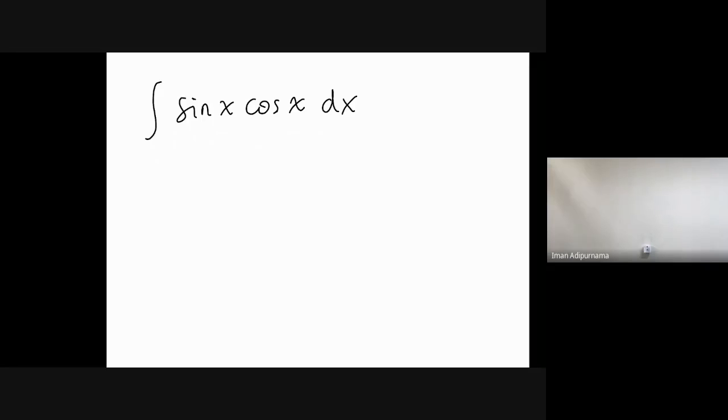Okay, what's your answer? Sine squared x over 2 plus c.